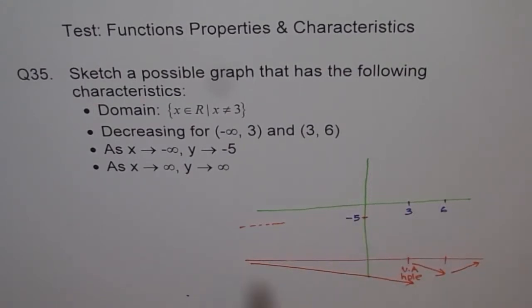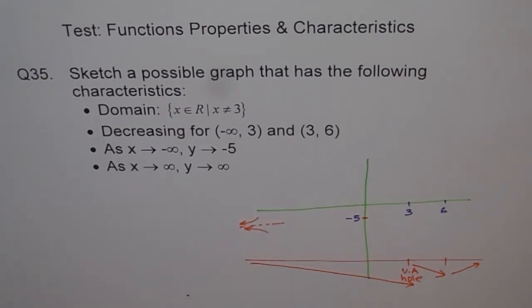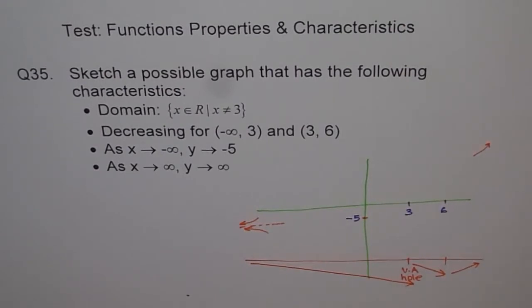So you could approach either way, right? Let me give you both the options. Now we are not very sure which way it should be, right? Either way. And second, as x approaches plus infinity, y approaches plus infinity. That means at the end it's finally going up. Perfect. So that is how the graph should be.